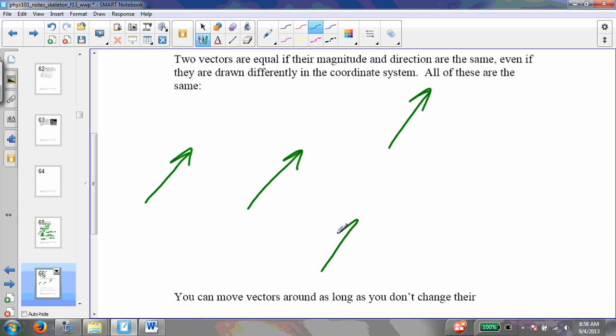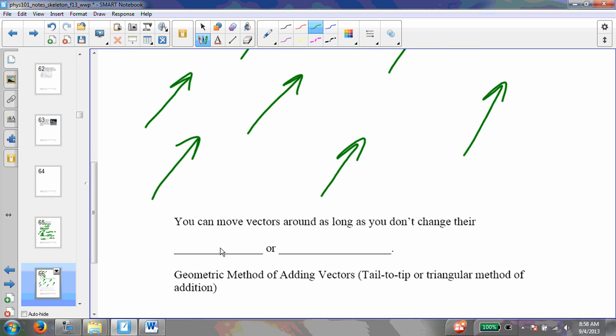These vectors are the same. That vector is the same. Anytime I have the same magnitude and direction, those vectors are the same. So this whole field of vectors right here, all of these vectors are the same because they all have the same magnitude and direction. You can move around vectors as long as you don't change their magnitude or direction.